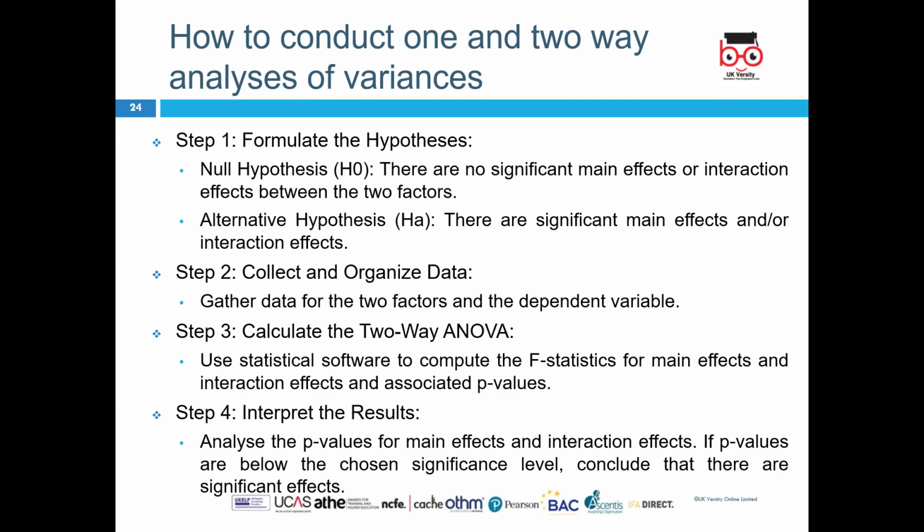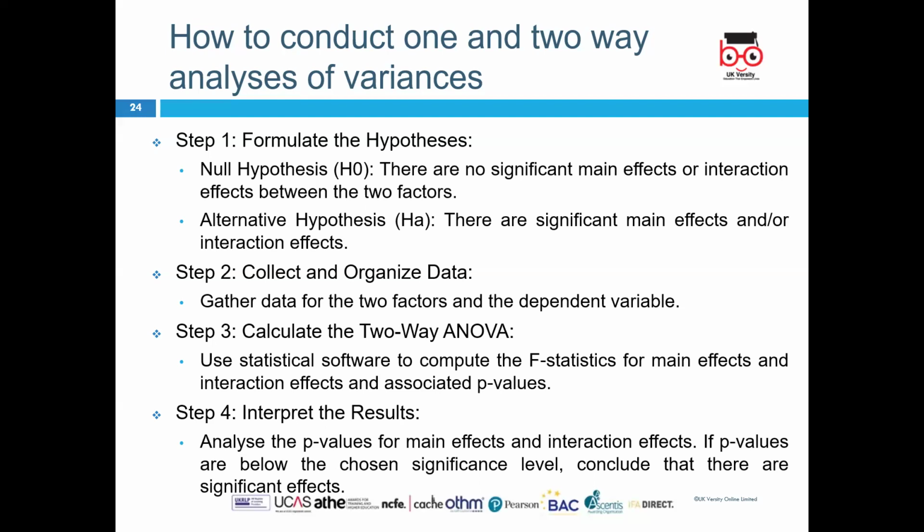Similar to one-way ANOVA, in two-way ANOVA we also collect and organize the data, and then we calculate the two-way ANOVA using statistical software such as SPSS. Here we compute the F statistic, which is obtained in the output results of the SPSS software.